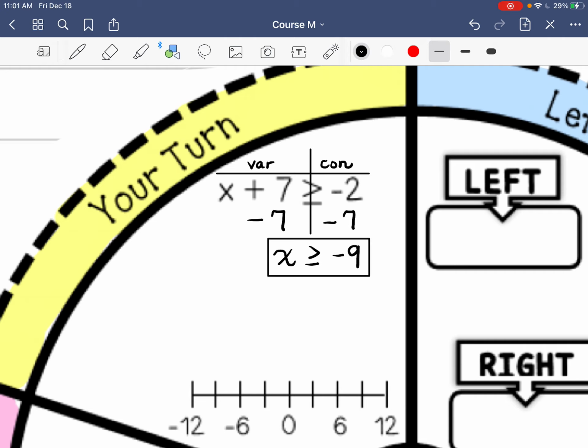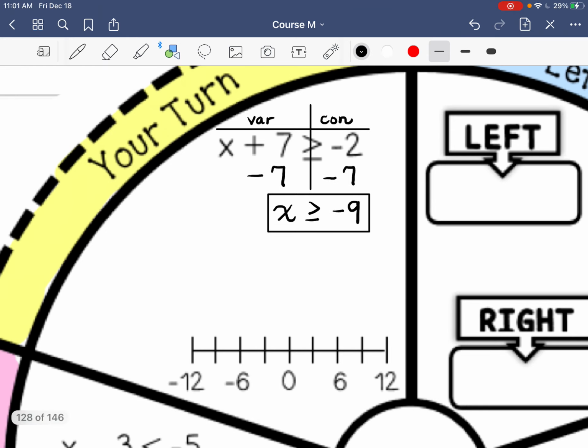And it's already standard. So down here on the graph at negative 9, it's a closed interval, so we need to fill it in. And then we need to shade anything above negative 9. So up this way, negative 9 or higher.